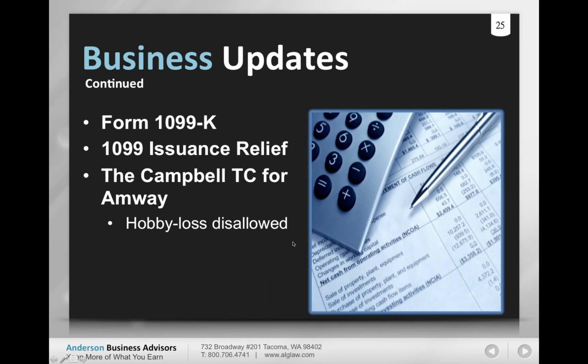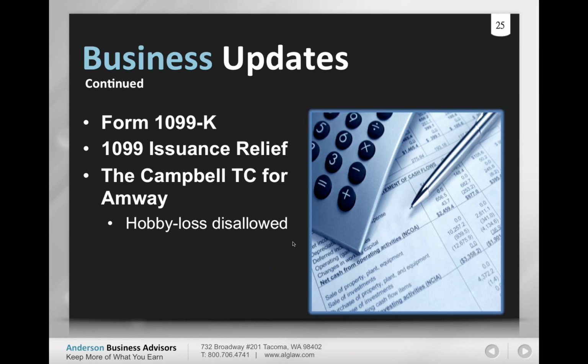Keep in mind that the 1099s and the 1099-K and all of these provisions that we thought we were going to issue 1099s every time we went and shopped at Home Depot or Lowe's. Well, that actually has come to where Congress has said, you know what, this may be overkill.